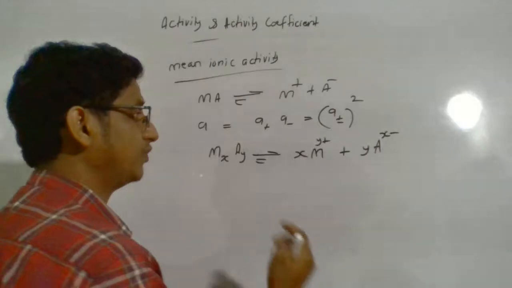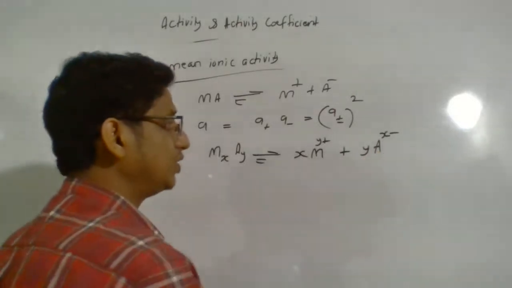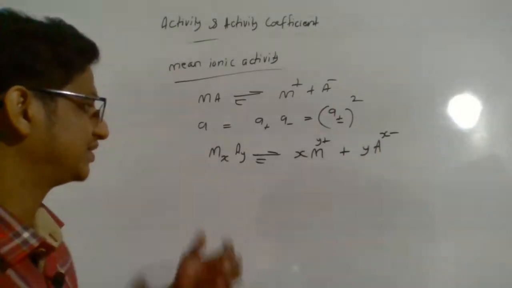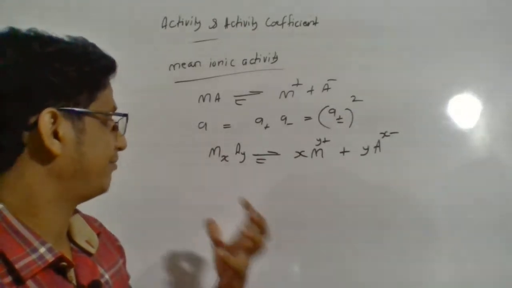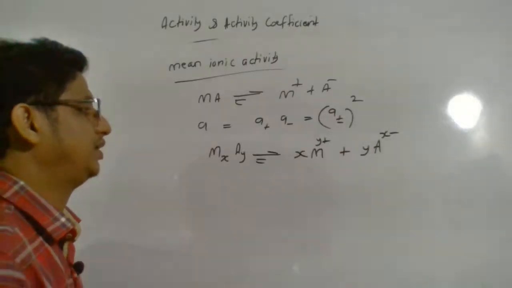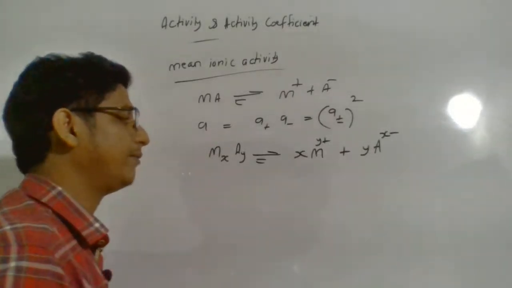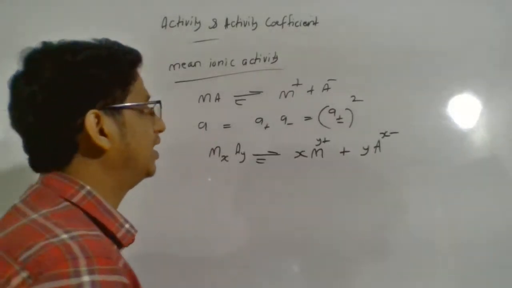This is cation, so y plus, and this is anion, so x minus. So this is the way you can change that equation for an electrolyte of type MxAy. It will dissociate as x M y plus, y A x minus.